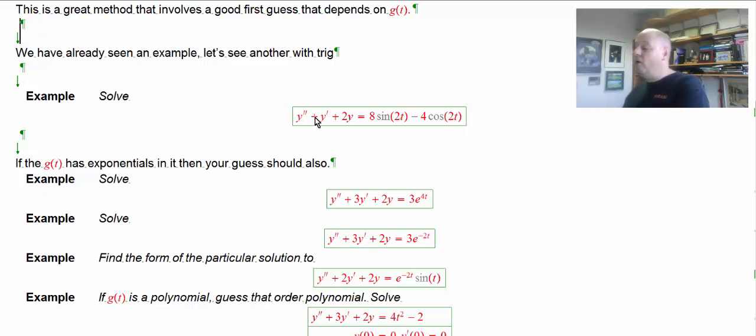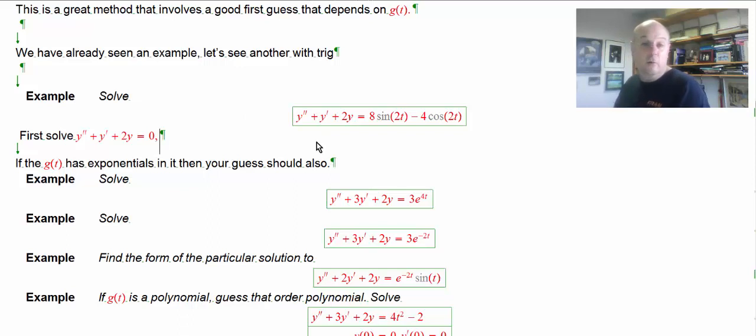Here's our y prime prime plus y prime plus 2y equals. Now I need to solve it. So I need to solve my homogeneous equation. So our steps are going to be first solve the homogeneous equation. In order to do that, I'm going to need my auxiliary equation.